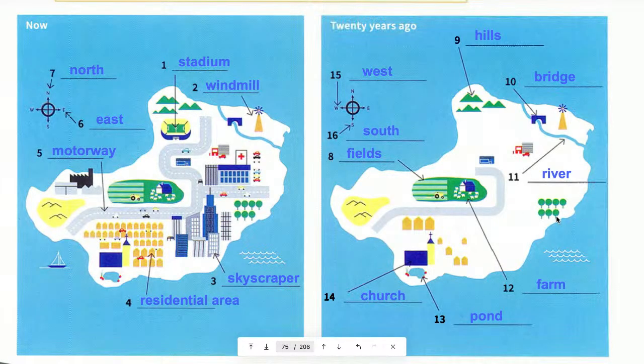So from the map of 20 years ago, you should not be able to see a hotel, and on the now map, you must be able to see a new hotel. So you have to do writing and make comparisons at the same time. That's why I said this is a really good essay, and that really distinguishes someone with a high score from someone else. You understand?